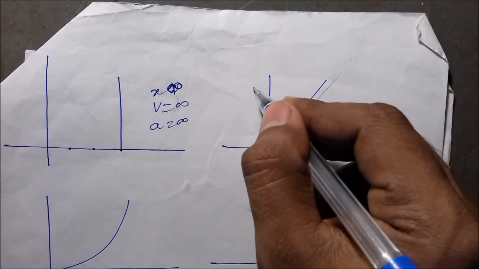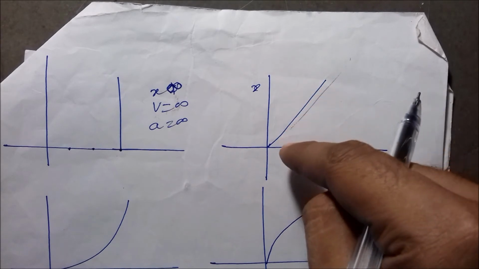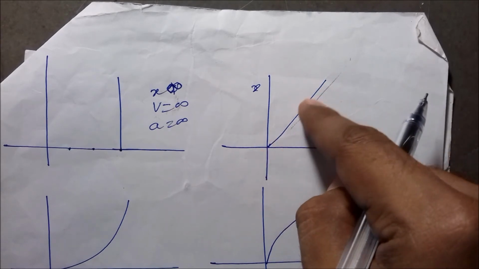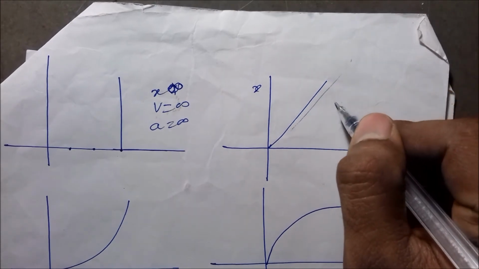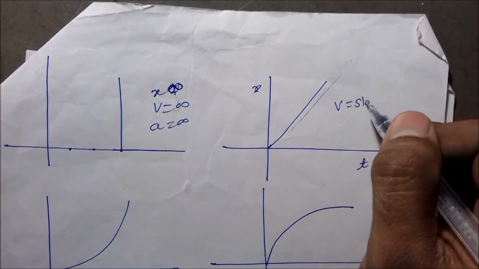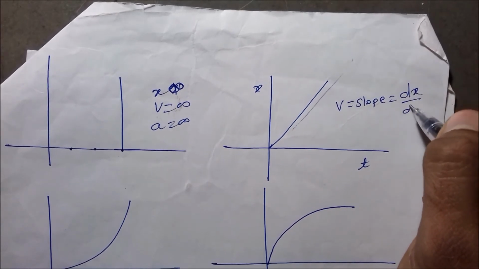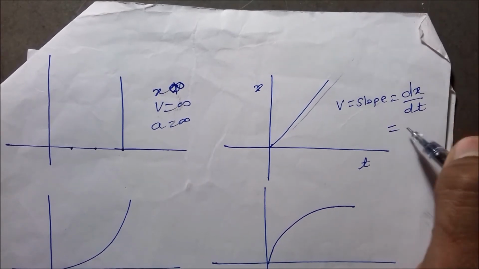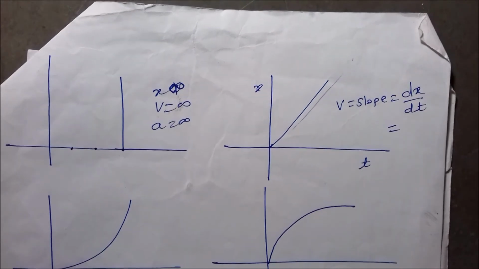Then for third graph, displacement versus time. This is a straight line passing through the origin. Slope of a straight line is always constant, and slope means velocity. Velocity means slope or derivative of displacement with respect to time.